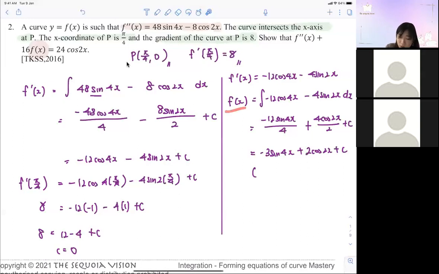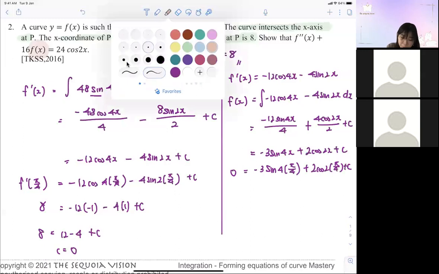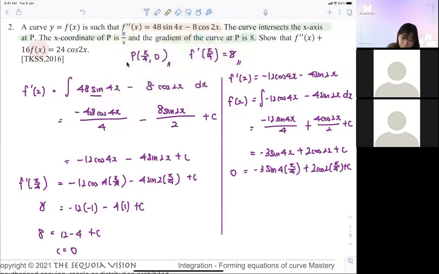So this is an equation. You must sub in a point. So we sub in P. When f(x) is 0, your x is pi over 4. Everything here, this and this, I sub. Then one by one, you key in.